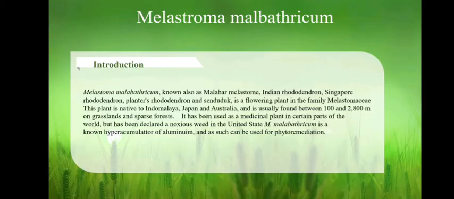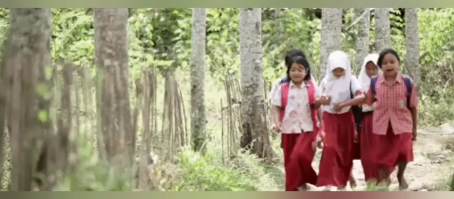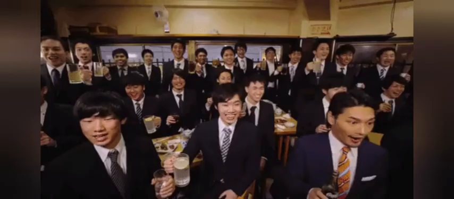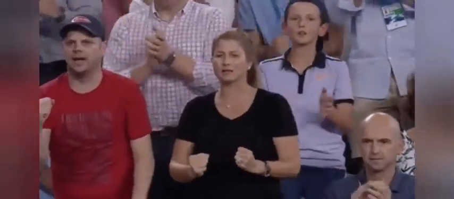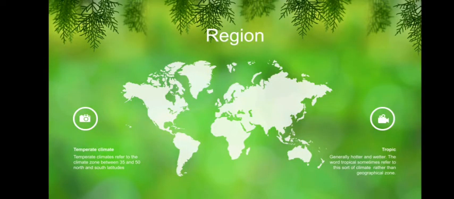Introduction for Melastoma malabathricum. Melastoma malabathricum, also known as Malabar melastome, Indian rhododendron, Singapore rhododendron, and Senduduk, is a flowering plant in the family Melastomaceae. This plant is native to Indo-Malaya, Japan, and Australia, and is usually found between 100 and 2,800 meters on grassland and sparse forests.